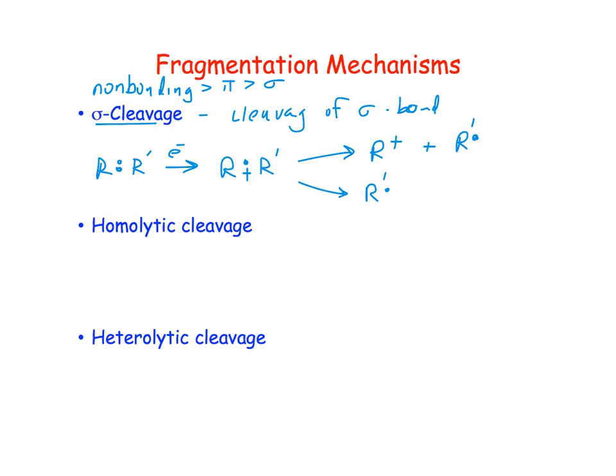And like we saw before, which way it goes can depend upon the structure. If one of these cations is much more stable than the other, then we'll see much more of it.